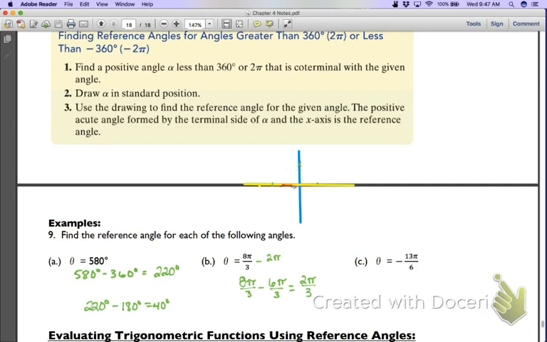It was in 2. Okay, it was somewhere over here. So again, I'm going to drop down my line. So if that was 2 pi over 3, what was the angle of the green area? Pi over 3.